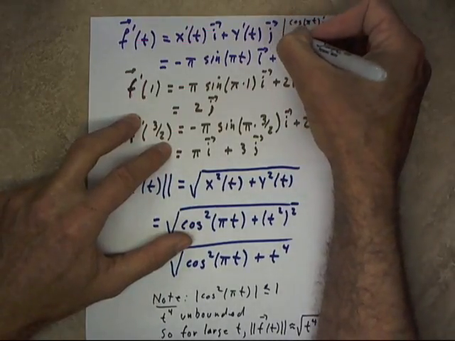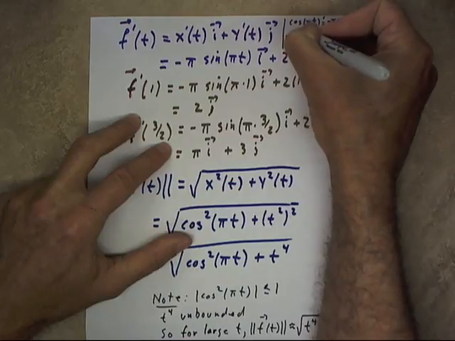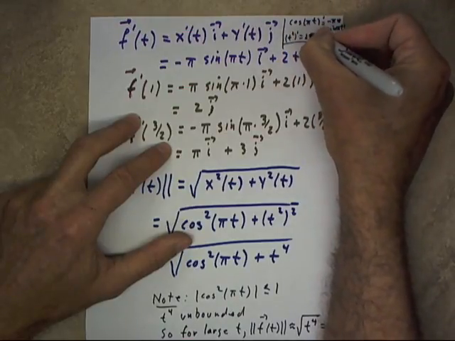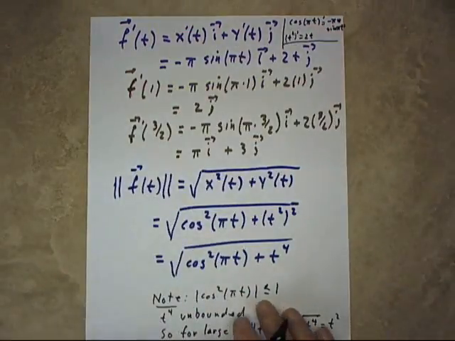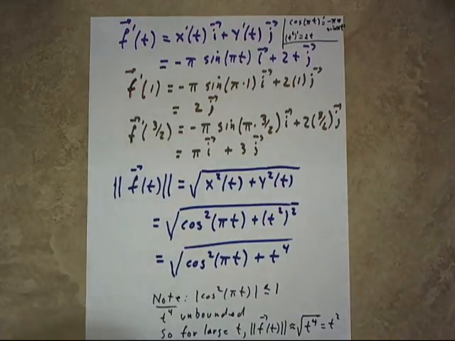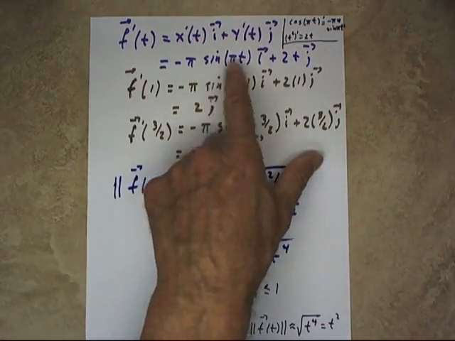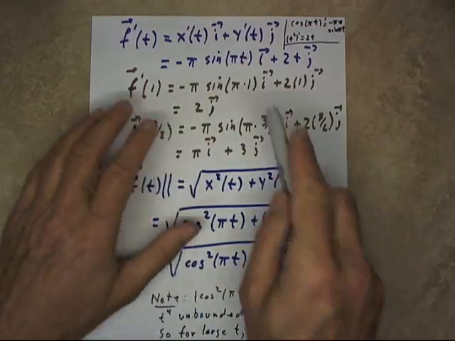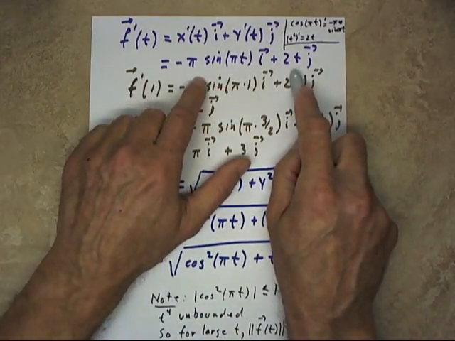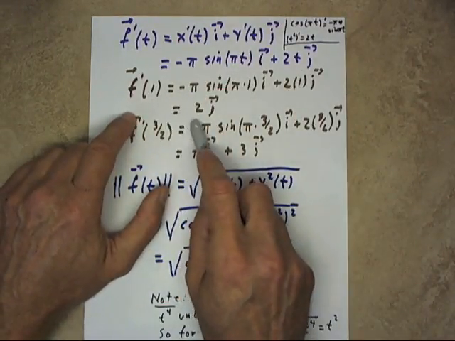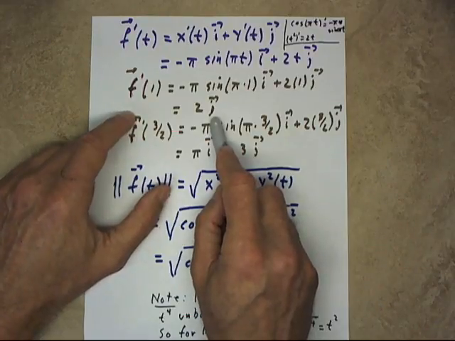And the derivative of t squared is 2t. You should be familiar with the derivatives at this point and should have no trouble understanding that these are the derivatives of the x and y components. So, for example, f prime of 1 is just 2j.